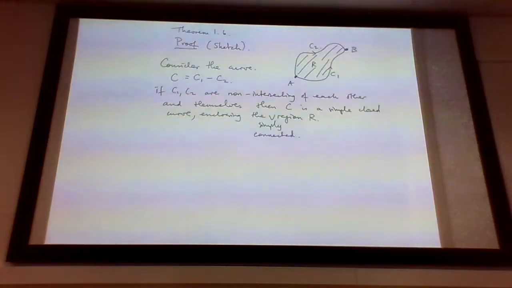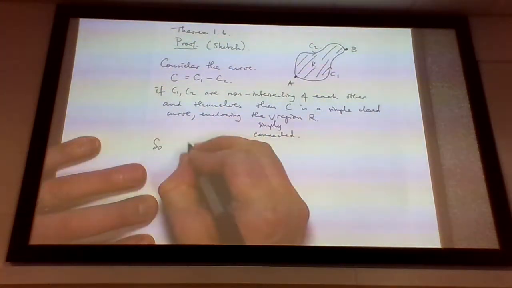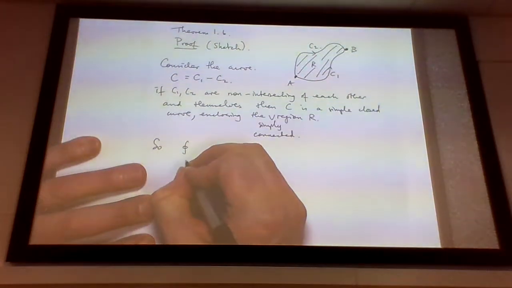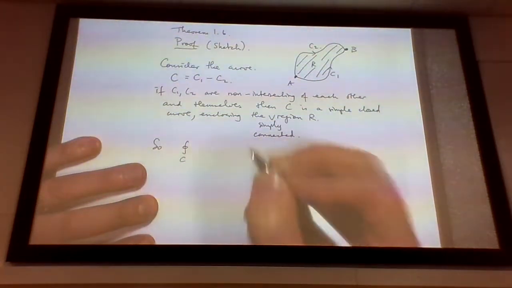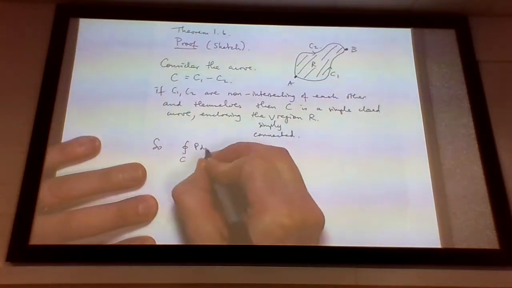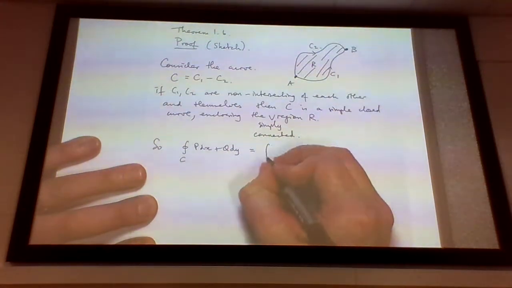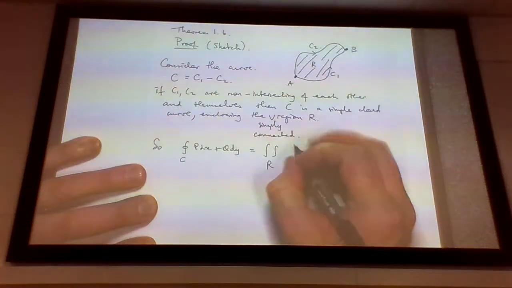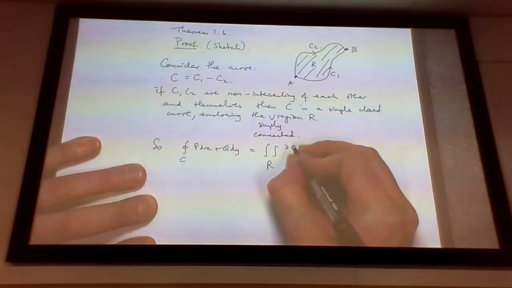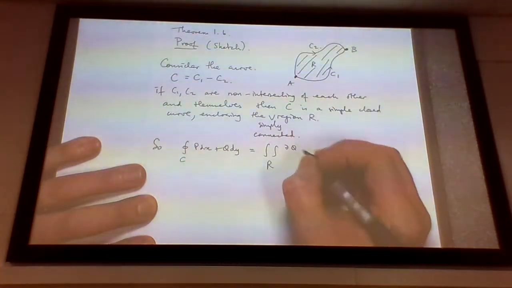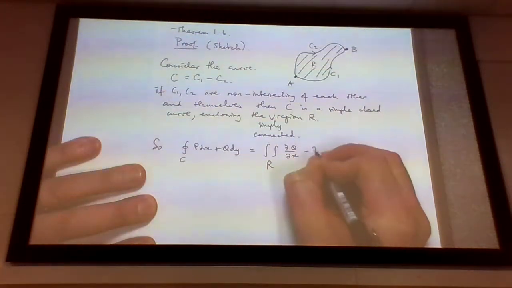Well, so in that case, we can just throw Green's theorem at it. So the integral along C of p dx plus q dy will be equal, by Green's theorem, to the double integral over R of dq dx minus dp dy.